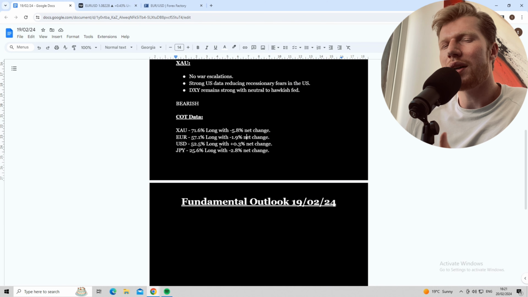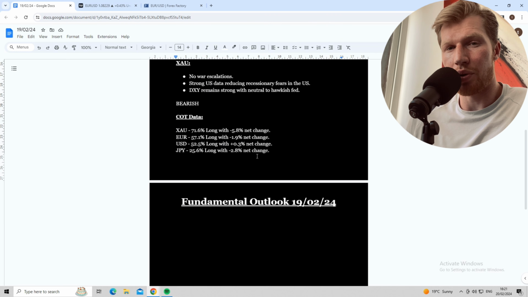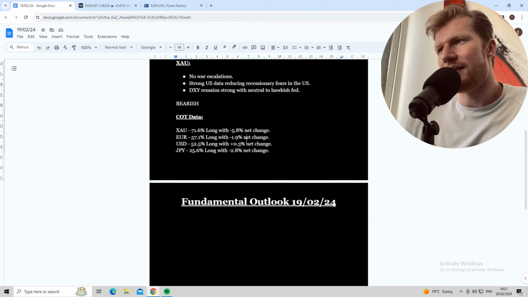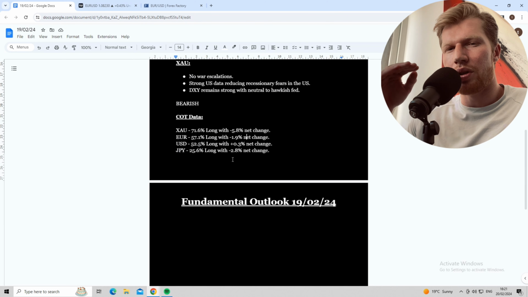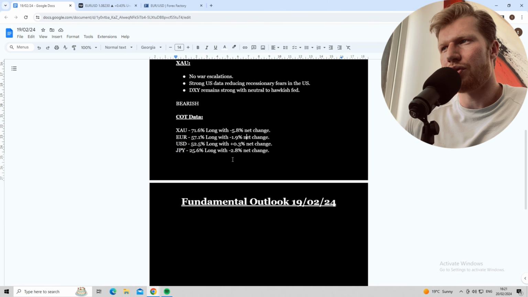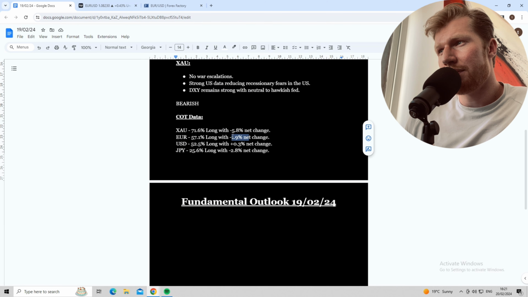Again, this is not exactly how the COT data works, right? Just because you get these data shifts doesn't mean it's just going to go down. But I like to use it as a confluence to consider, especially with the outlook at how far I'm looking out on these trades. And this just shows you, right, there's been some closing of longs.